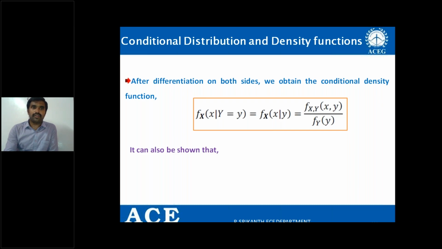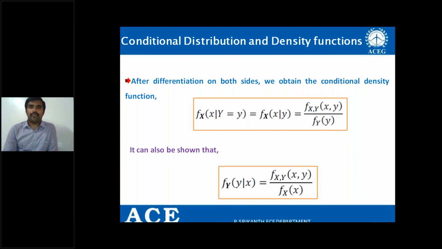Am I clear? And it can also be shown like this: Fx of x given y. Here we are applying the conditioning on x by y.